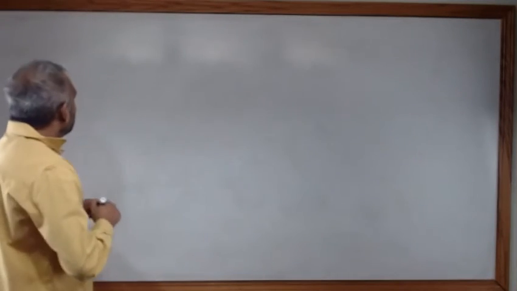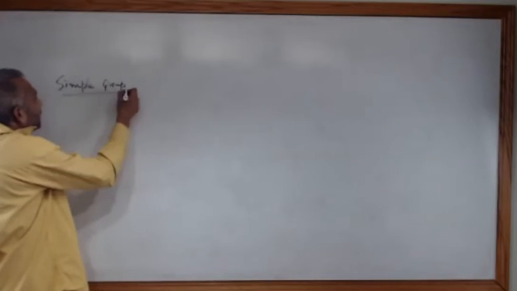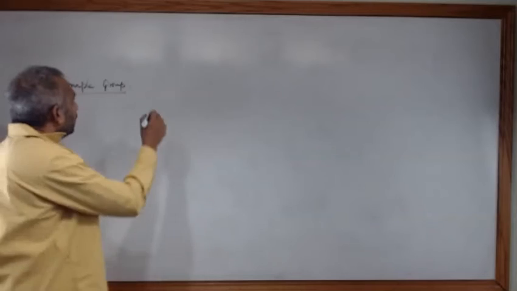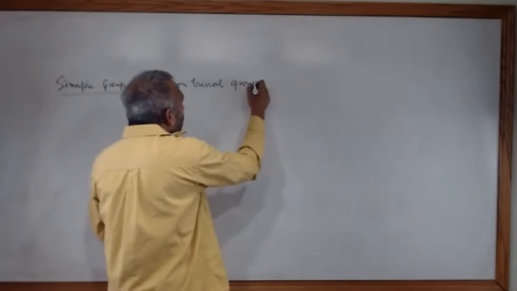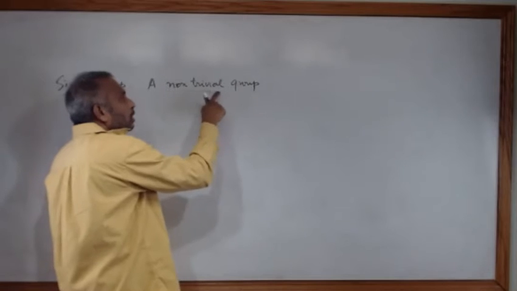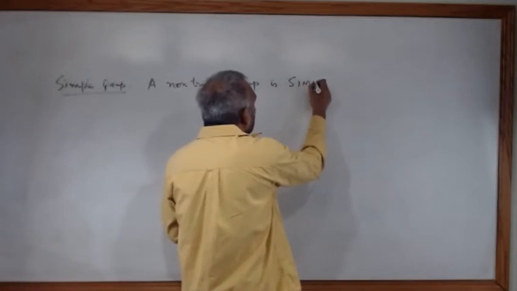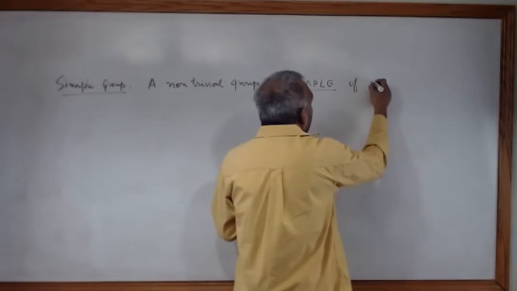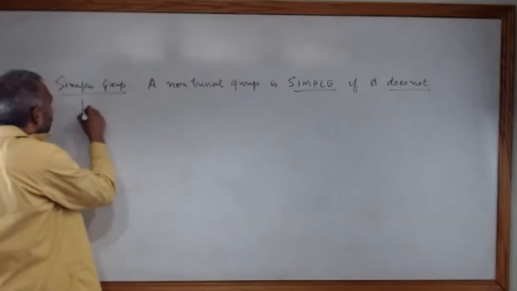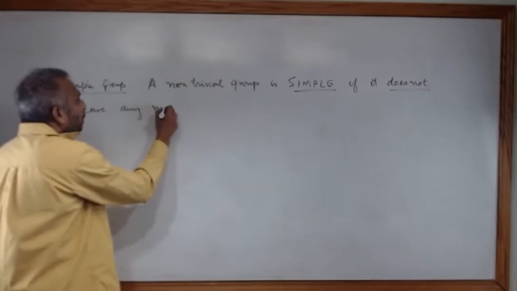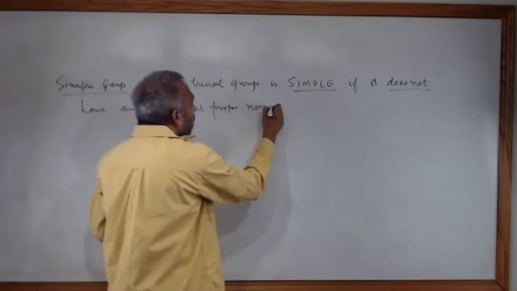Now let us define a special group called the simple group. These are important when you study the series of groups. A non-trivial group, non-trivial in the sense that it has got more than one element, is simple if it does not have any non-trivial proper normal subgroup.